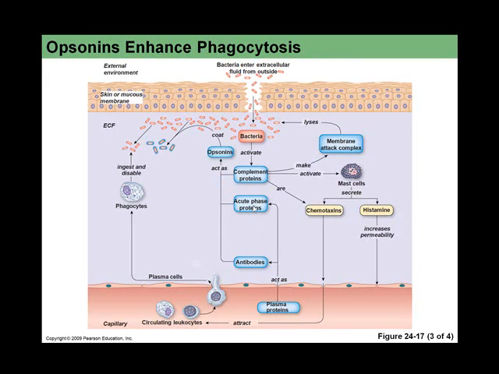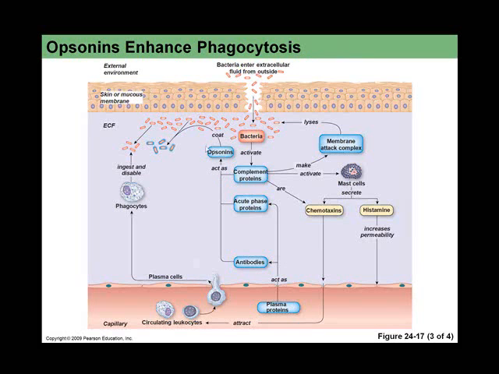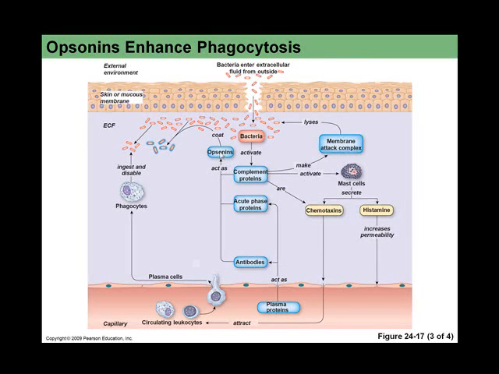The antibodies and the acute phase proteins and the complement proteins act as opsonins, and so you know that of the gamma globulin component of our plasma, there's a lot of antibodies present. And so they can take a sample of your blood and see if you've ever been exposed to something before by testing to see if you have antibodies.